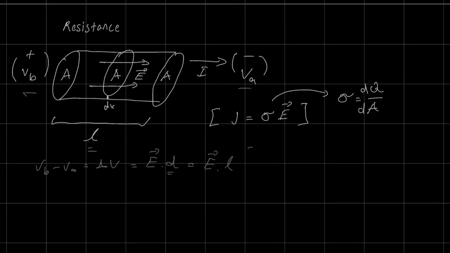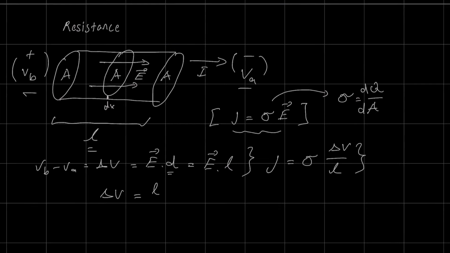The potential difference across this section equals the electric field multiplied by the length, E L. Therefore, current density J is equal to conductivity multiplied by potential difference divided by length. By rearranging, we can express the potential difference as length divided by conductivity times area, times the current.